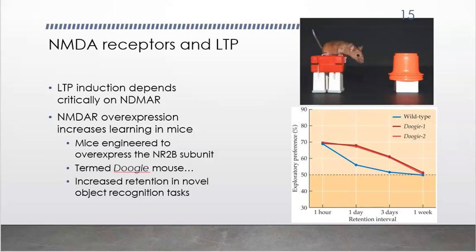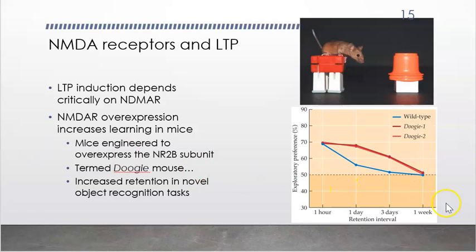Now, obviously this means that LTP induction depends critically on the NMDA receptors. So NMDAR overexpression actually increases learning in mice. So if you have more NMDA receptors in mice, then we actually see an increase in learning.